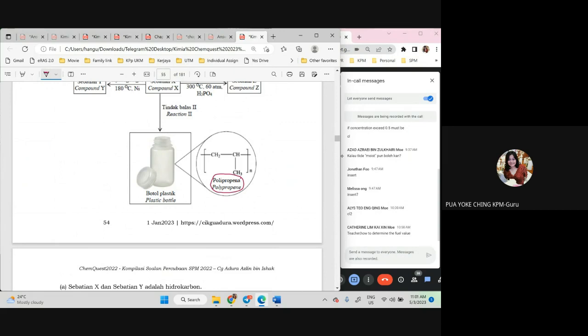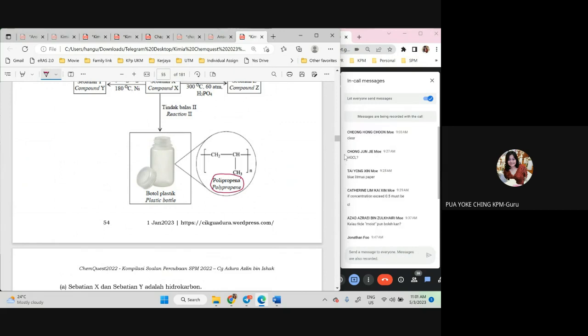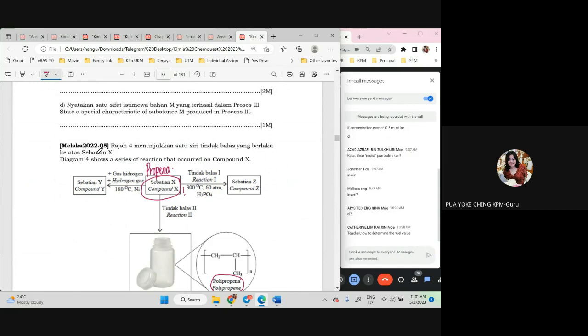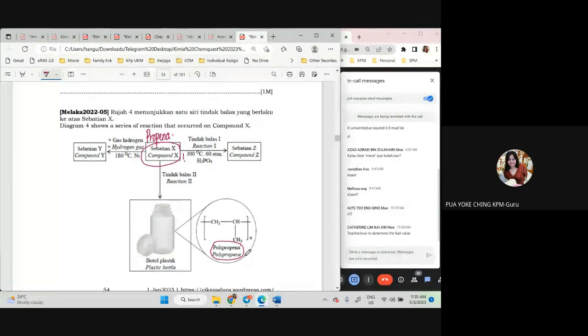So, you already know X is propana. First step, before you start everything, the middle one, you mesti identify dengan accurate. Okay, baca betul-betul. Sometimes they will write on top this member yang keberapa, ataupun dia beritahu dia ada berapa carbon atom. Kalau yang this one, dia ada dekat bawah ni, polypropana. So, you know X is your propana.